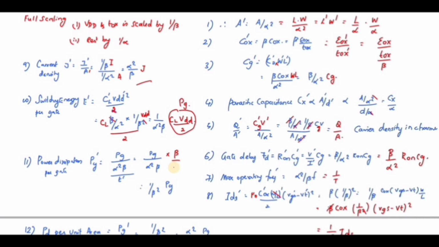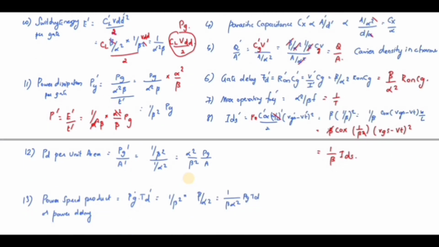The energy is nothing but 1 divided by alpha square beta, and time I can write as beta by alpha square. Since power bar is equal to energy divided by time, and this is frequency, I can write frequency as alpha square divided by beta. So if you solve, you will get 1 divided by beta square into PG.